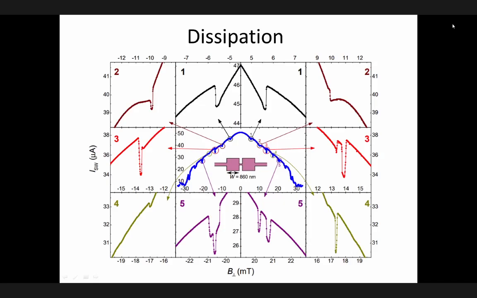I didn't show this data here, but you can study processes like MQT or thermal escape of a particle from a tilted washboard potential. From the potential that I showed, you can also tilt it and see whether the vortex escaped or not, and measure similar effects for a vortex. This is something I'm currently doing.